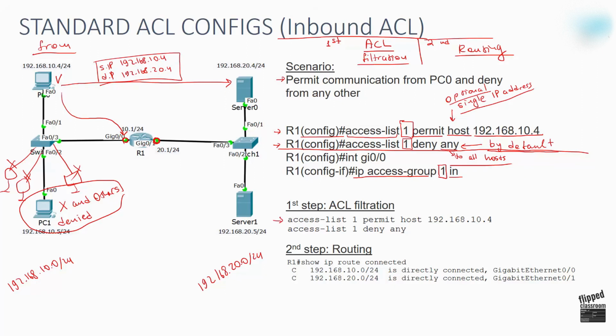As you know, it will take a look at the source IP address and it will make a comparison. Access list 1 permit host 192.168.10.4.